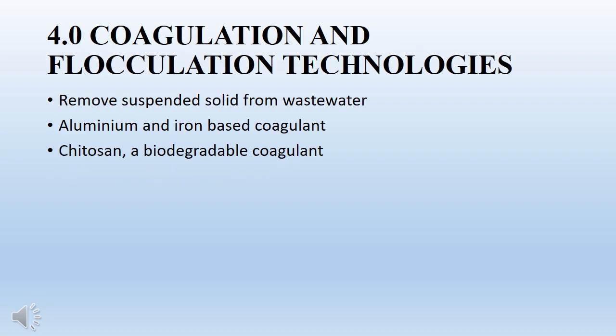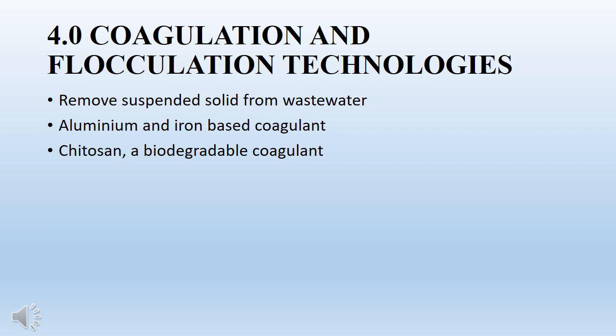Now we are going to talk about coagulation and flocculation technologies. This technology removes suspended solids from wastewater. Usually, in more traditional ways, it uses aluminium and iron-based coagulants. But now, since technology has come this far, we can use biodegradable coagulants.